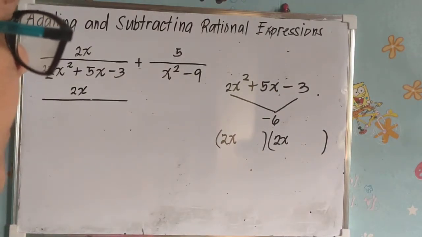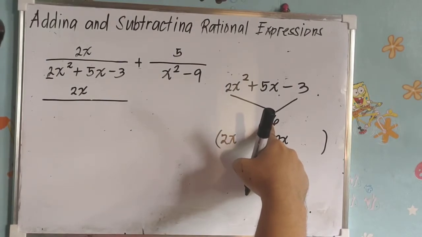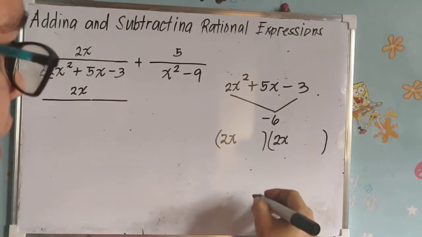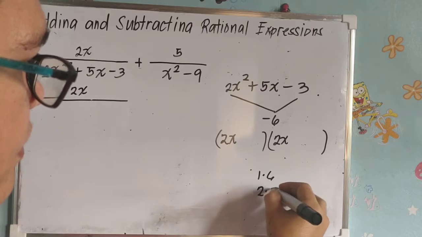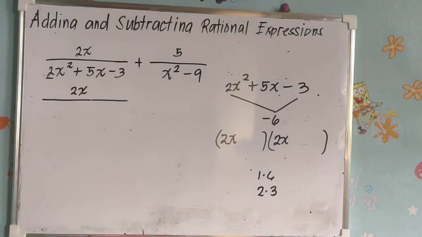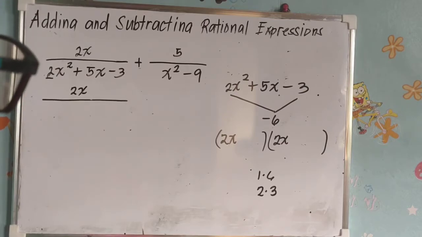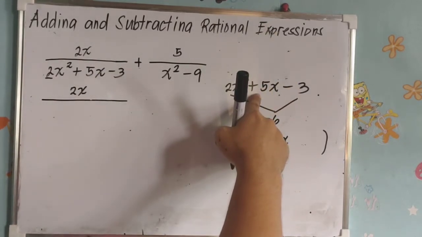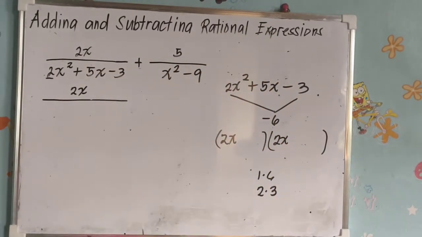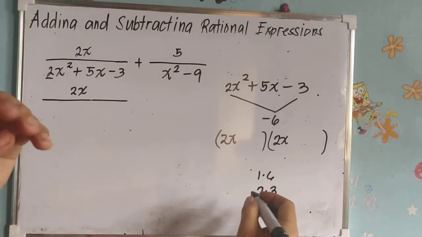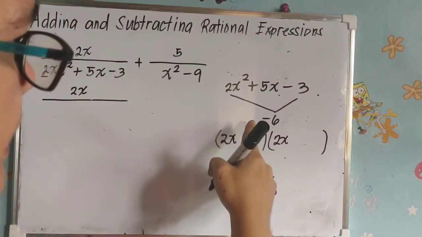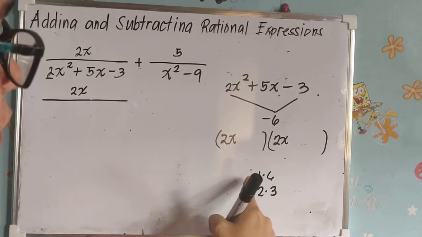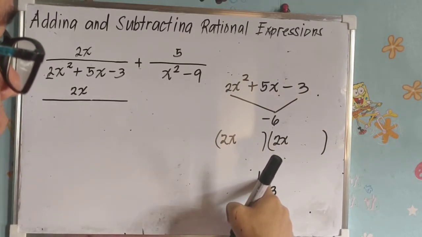Then let us find factors of negative 6 that when added is positive 5. And there are only two possible factors, 1 times 6 and 2 times 3. The middle term is positive, meaning the bigger number is positive.